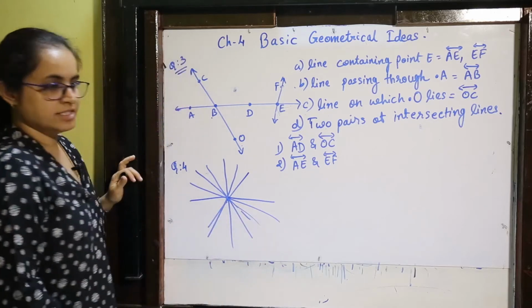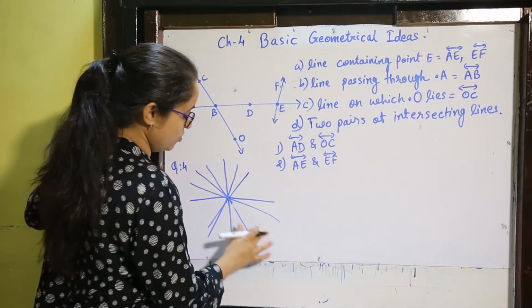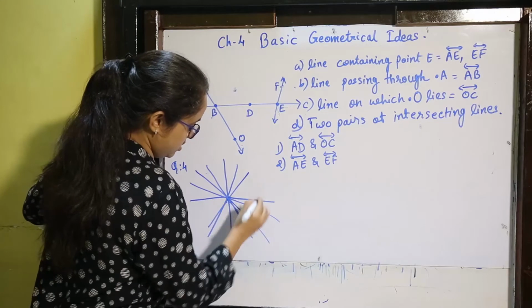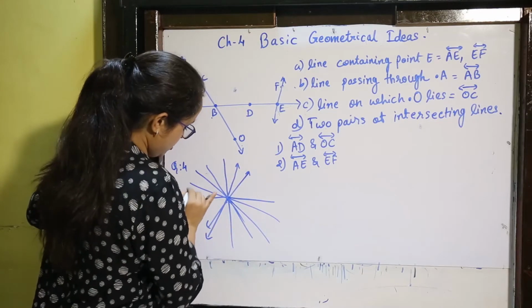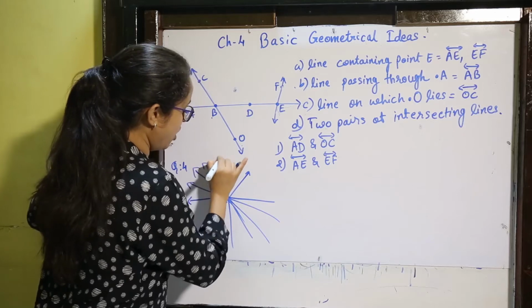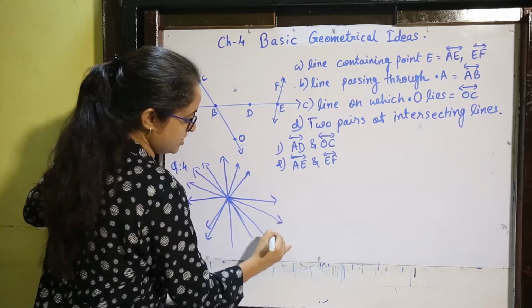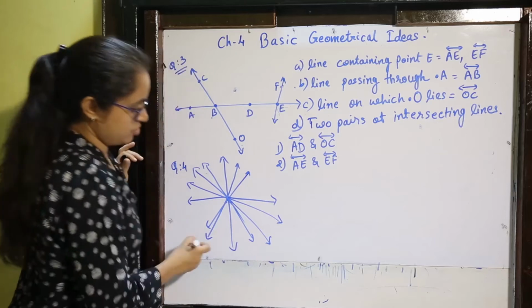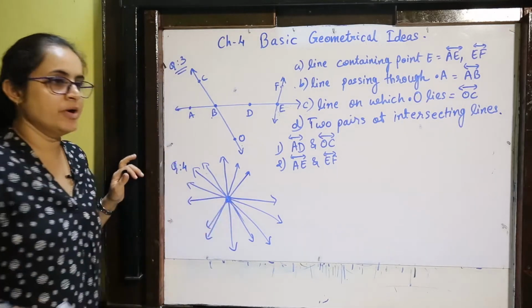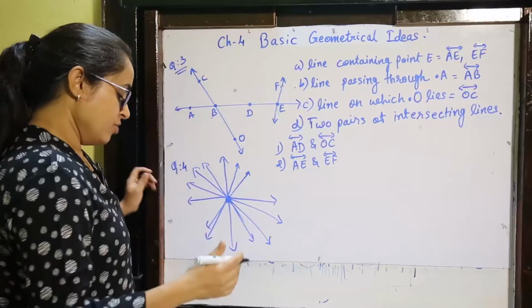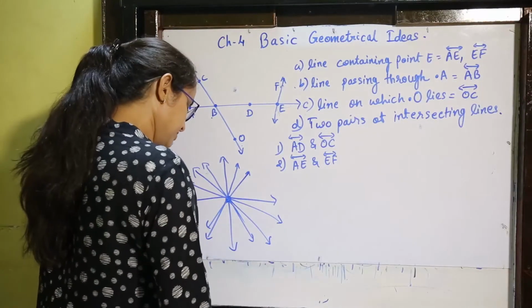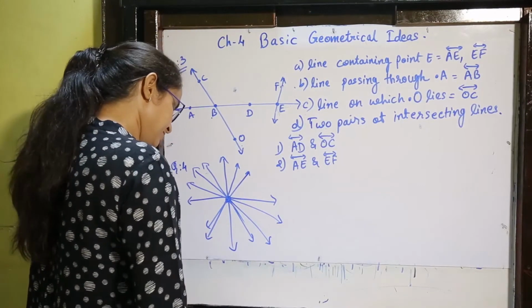There are lots of line pass through. So see, from one point there are lot of lines, or you can say infinite lines pass through from one point. Okay, so you have to write the answer like this.